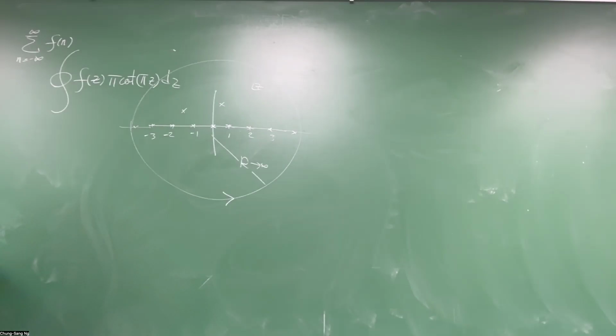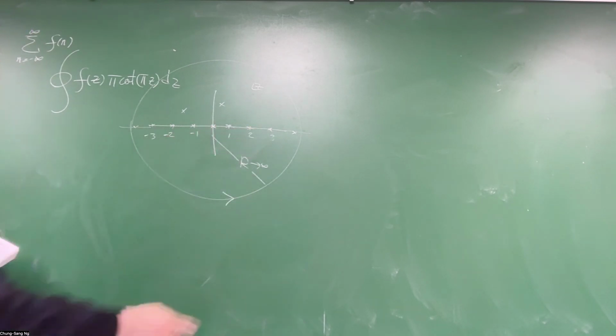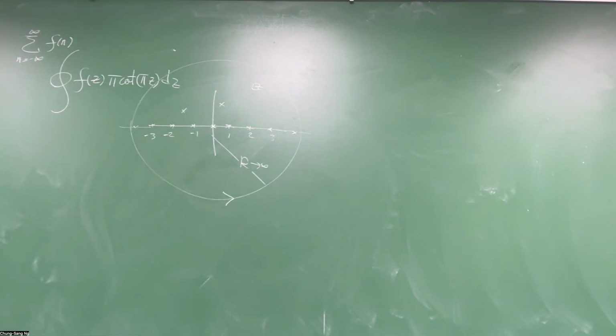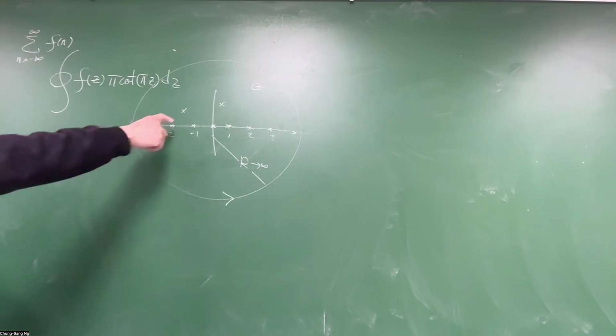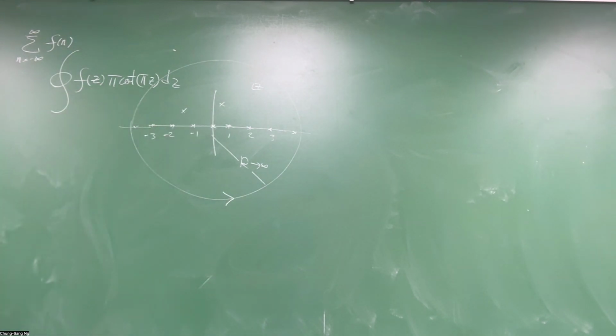So symbolically you can write it as an infinite series summing over the residues at the poles at the integers, plus the residues at the poles of f. Now use the residue theorem: that's 2 pi i times the sum of the residues.